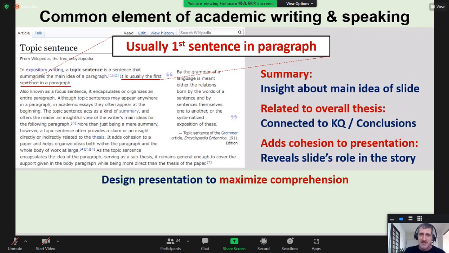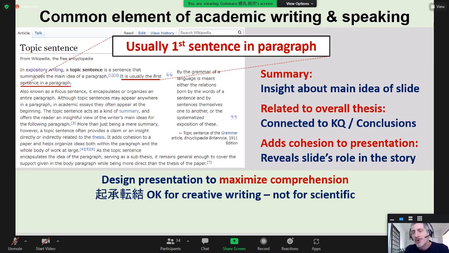When we design a presentation, remember, our goal is maximum comprehension. It is not literature. So I know in East Asia, in school, when we learn to write, we learn Shotenketsu. And Shotenketsu is very wonderful for creative writing.